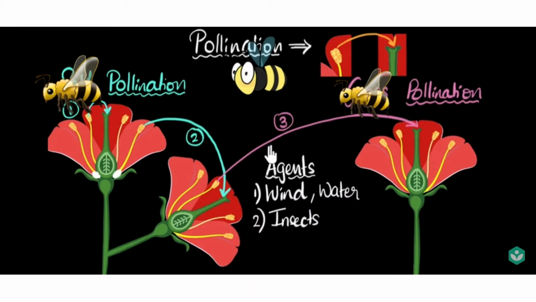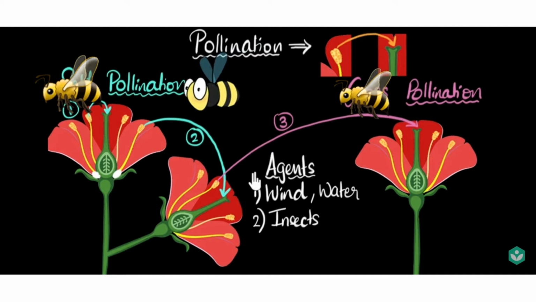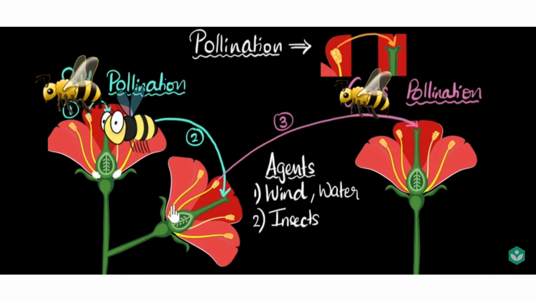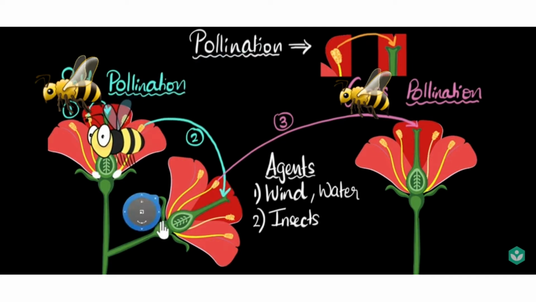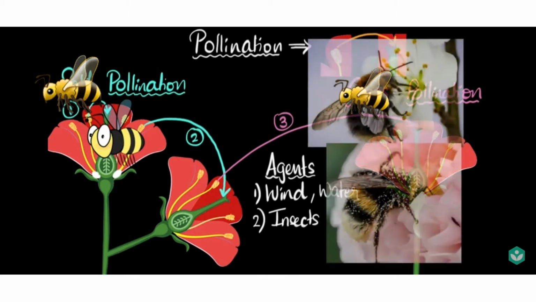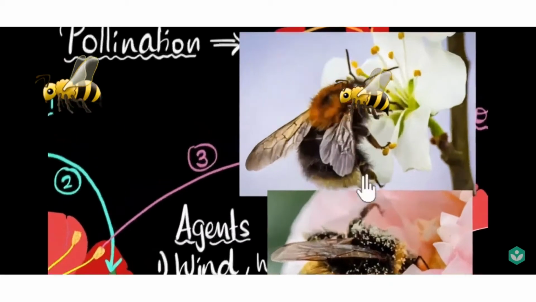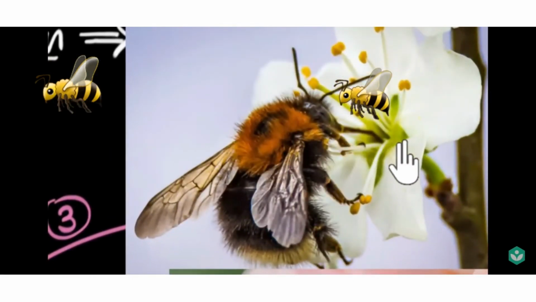So we know that the flowers are brightly colored and there is a sugary liquid called nectar inside the flower. So bees, insects, butterflies will come to visit the flower to feed on this nectar. Visiting the flower, these bees will be in touch with the pollens, and the pollens will be all over their body.